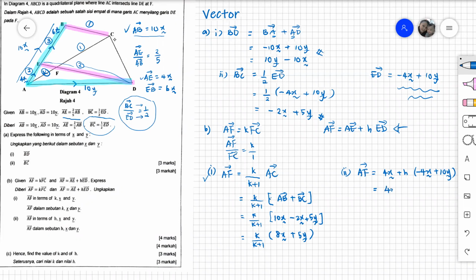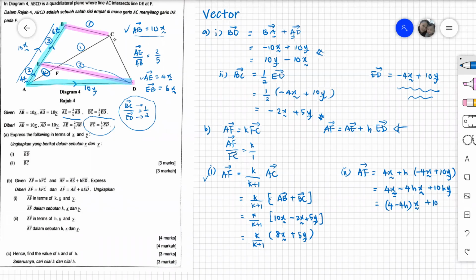So we have 4x, yeah? Okay, let me just work it out a bit longer. So too much shortcut, maybe you may get confused. Okay, this is what I mean. You see the vector x and the vector x, the coefficient is 4 and minus 4h. So we can just combine the coefficient in front of the vector x, yeah?